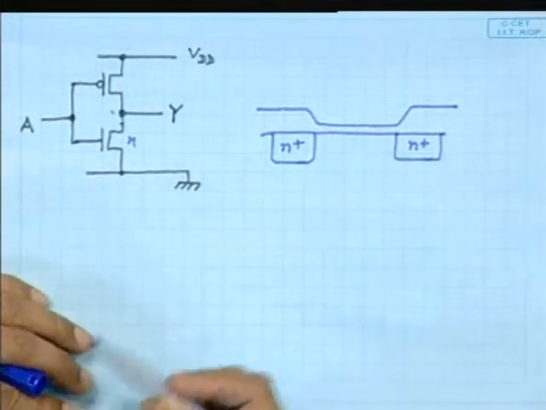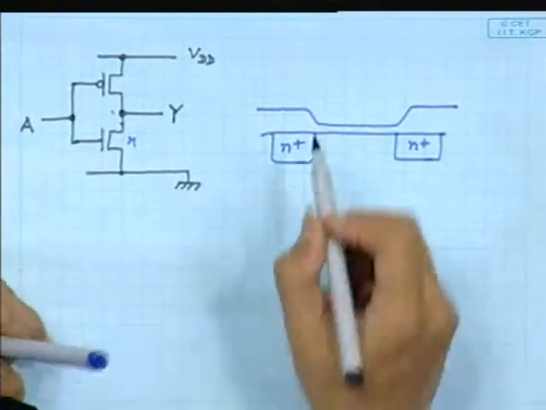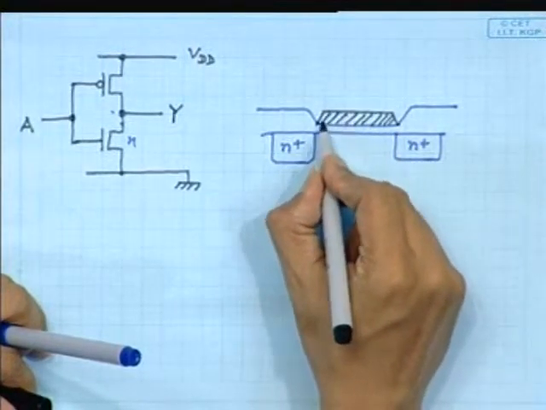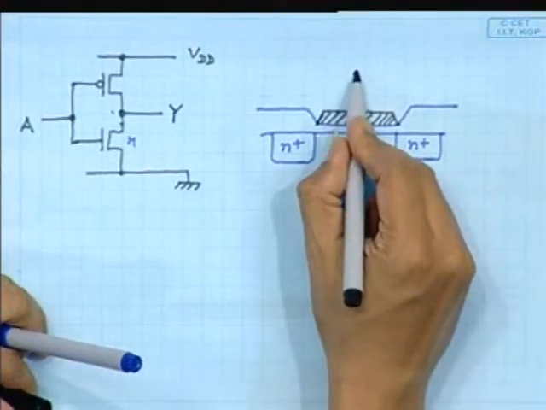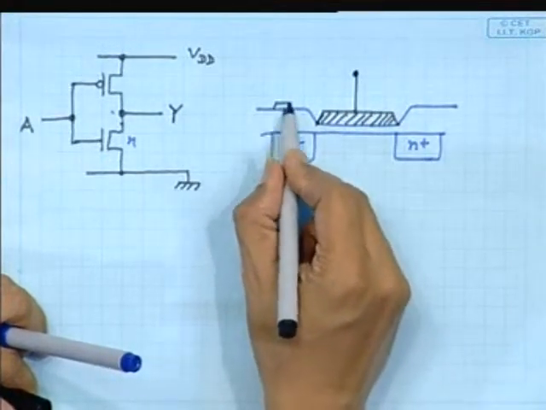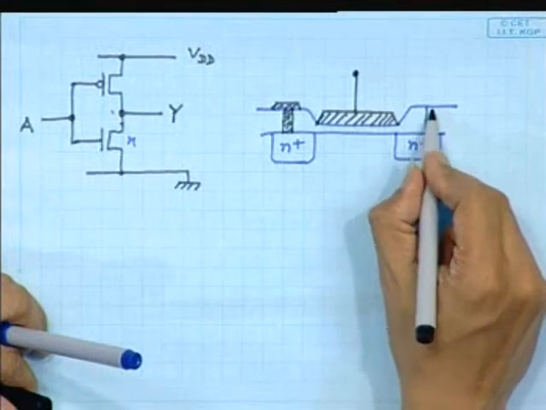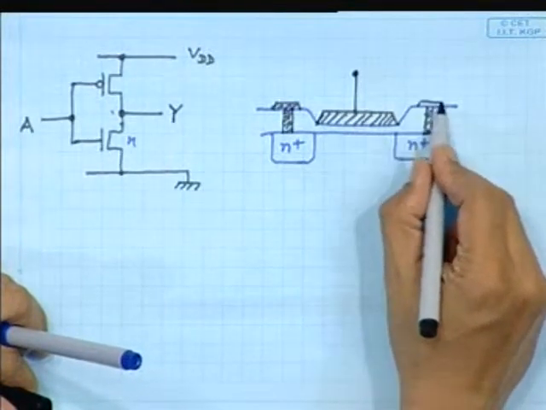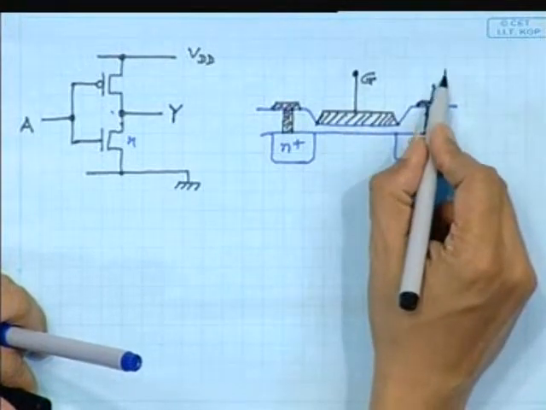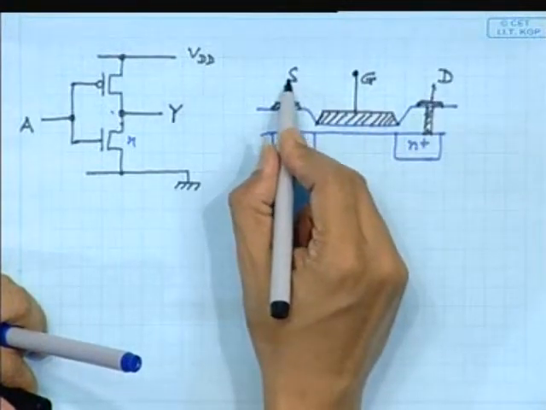Now over that we put something called a gate. This is I think a very familiar structure, and here once again you open a contact window over which you can put some metal. Here also you can put some contact window, you can put some metal. This is the so called gate terminal, maybe this we will call drain, this we will call source.